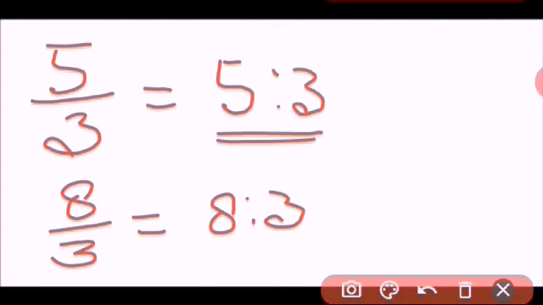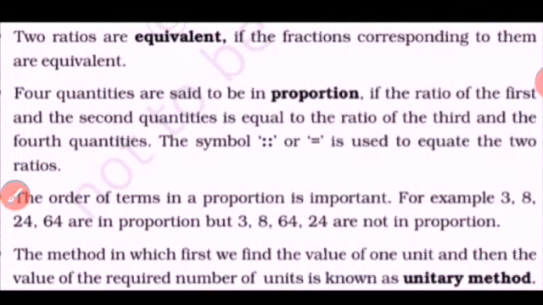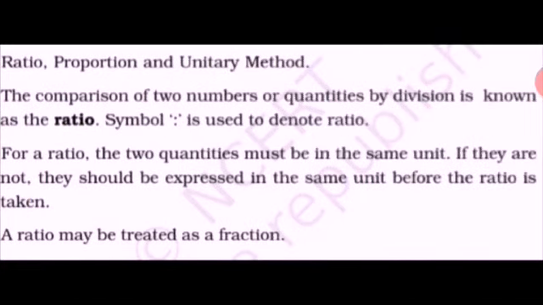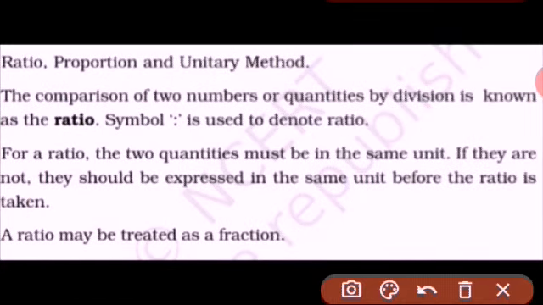So I think you have understood the comparison between a fraction and a ratio. So this is the basic thing about the ratio: the comparison between two numbers or quantities by division, having the same unit. These are the important words while defining ratio.